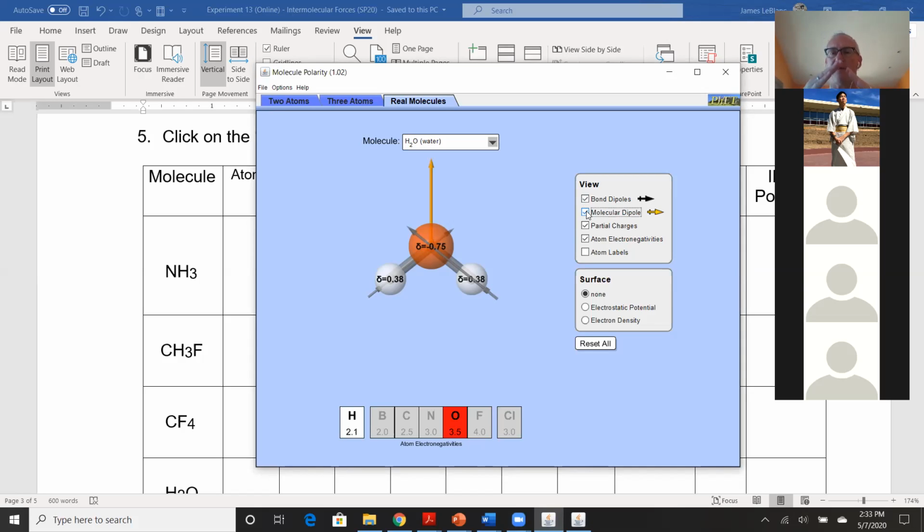It's going to be a little more than either one of them, but not as much as 2 times. It's not going to be 2 times because they do cancel each other out slightly by pointing in a similar direction, but not exactly. So they point at each other a little bit, but not completely. And so our net dipole is up.